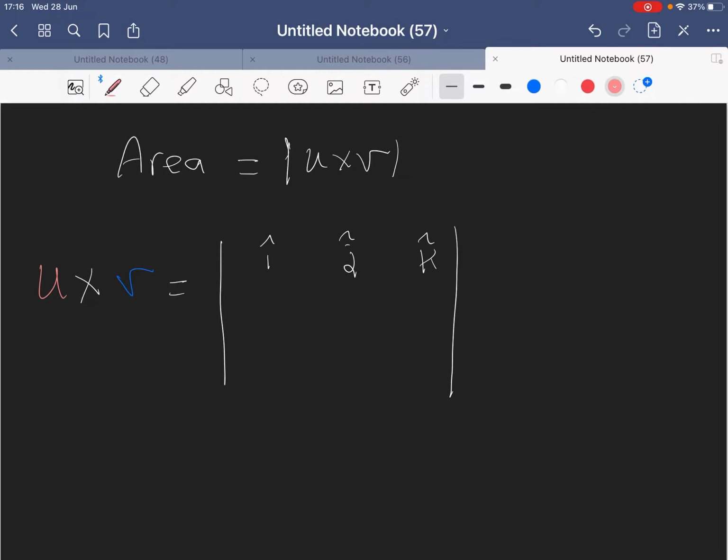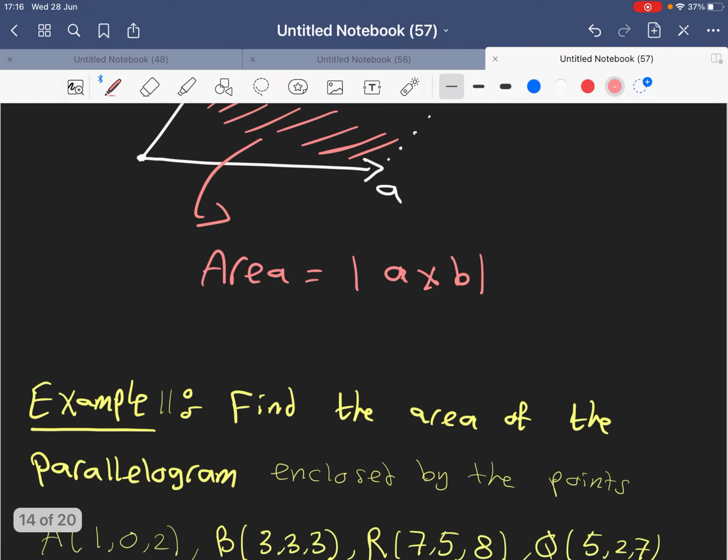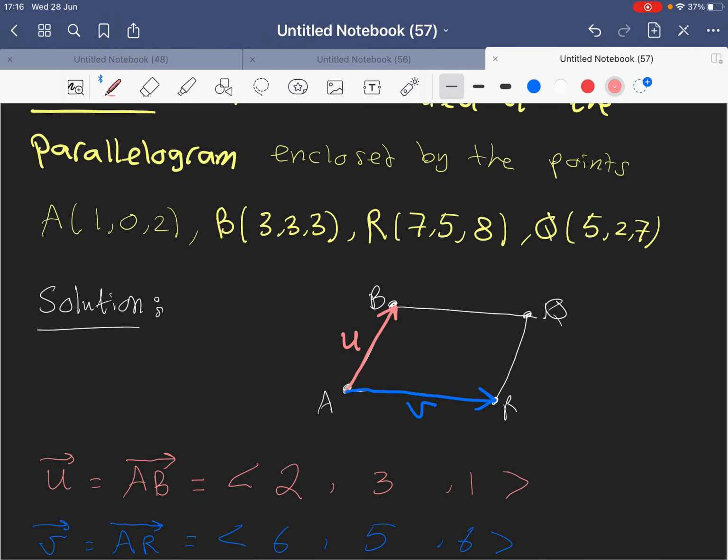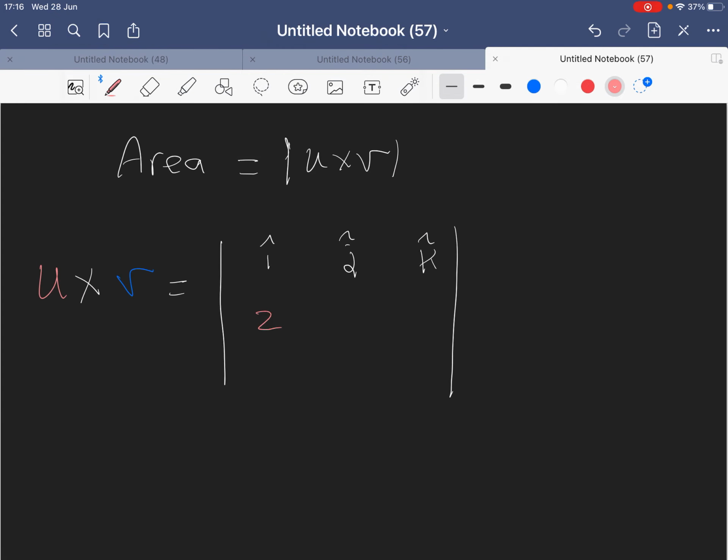In the second row, I will write the coordinates for u and v. What are the coordinates for u and v? 2, 3, 1. And for v, it is 6, 5, 6. We need to find this one in the usual way. So it would be something with i minus something with j plus something with k.